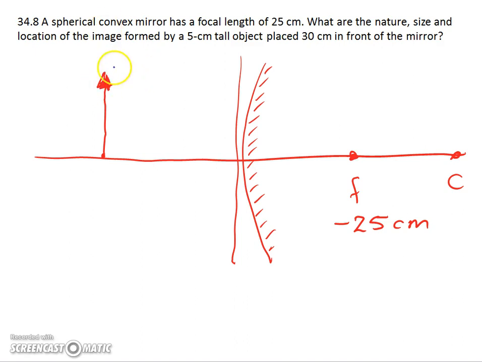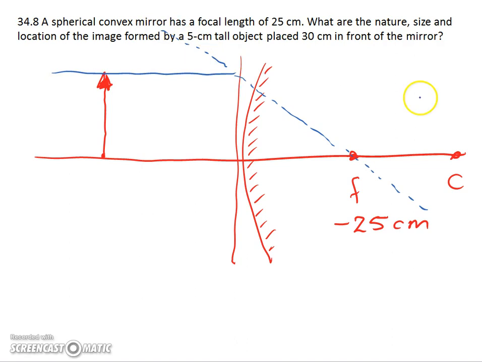Okay, so as always, we can consider a ray which is parallel to the axis, and such a ray will pass through the focus, and therefore appear to be coming from behind the mirror.